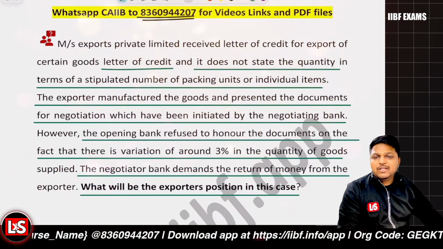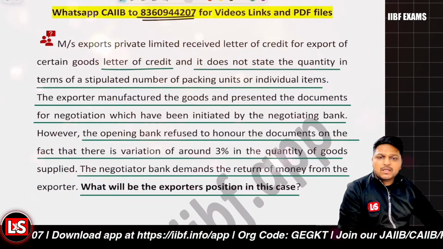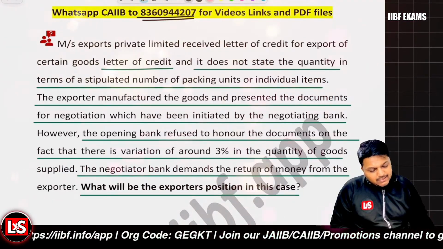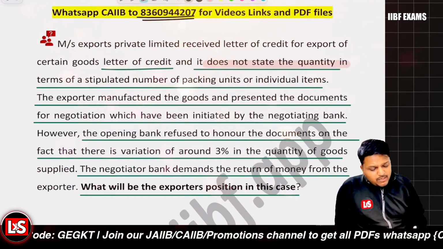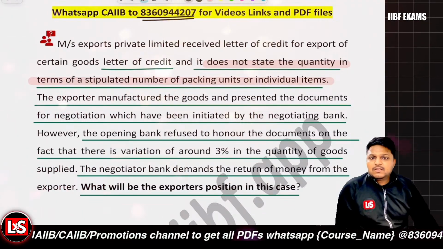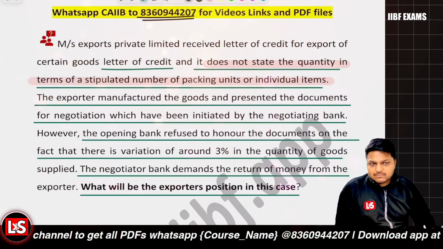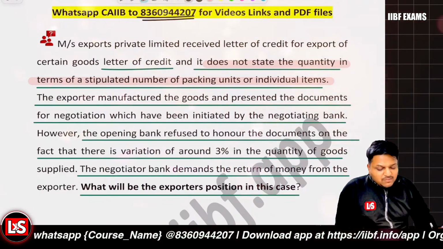So here is the scenario: the letter of credit was presented to the exporter, and it is clearly mentioned that the letter of credit does not state the quantity in terms of stipulated number of packing units or individual items. It is not stipulating the quantity which is required to be shipped. The exporter has made the shipment.